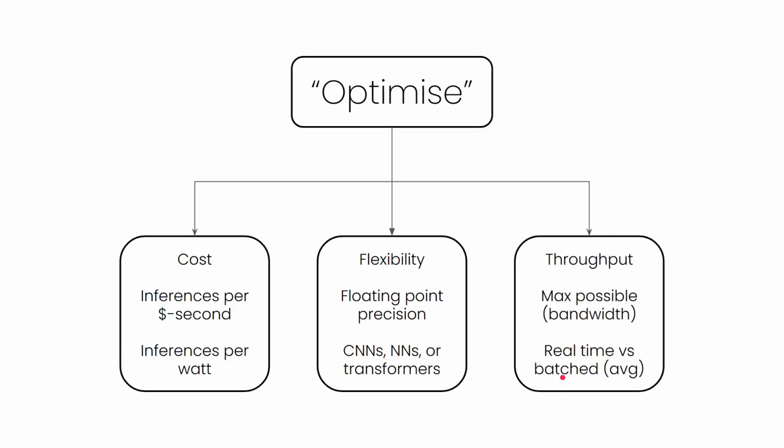One last example is what people think of when we consider optimizing a computer chip just to run AI algorithms. What is the throughput? How many examples can we process per second? That's just the speed of the computer chip. And this is different from the maximal possible amount of data that can go through the chip, because oftentimes we have this thing called utilization rates in a computer chip.